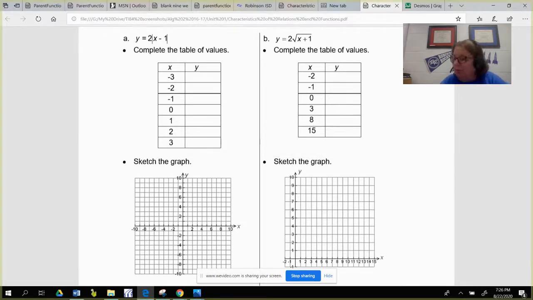Okay, so our table here was 8, 6, 4, 2, 0, 2, 4. You notice what those numbers do? It went 8, 6, 4, 2, 0. So it's going down, down, down, down, down, and then it goes back up. What did we say the shape of an absolute value function was? We said that shape was a V.